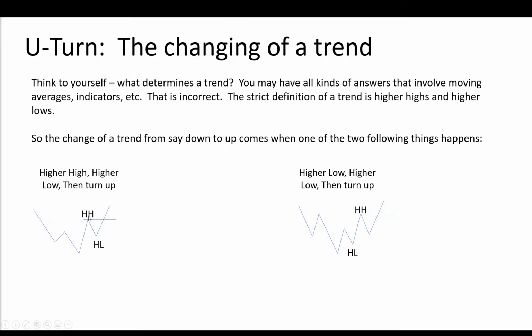You can either make a higher high, a higher low, and then turn up from there, or you can make a higher low, a higher high, and then pull back and turn up from there. And the point where we break through this horizontal line is the actual point of the U-turn, and the point where the trend changes from lower lows and lower highs to higher lows and higher highs.